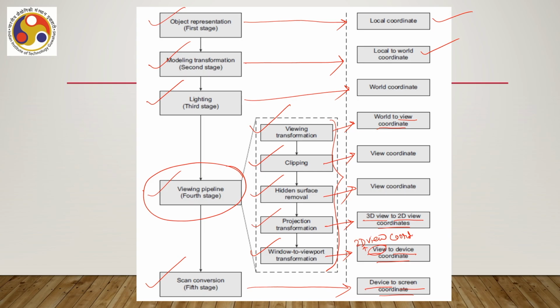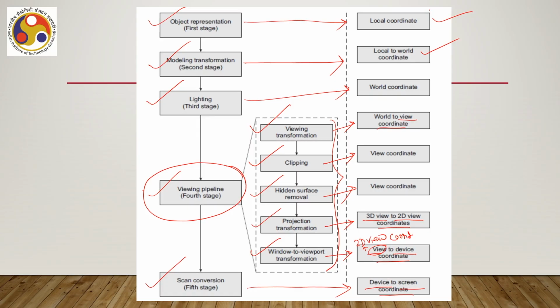So, if you notice, in order to perform these 5 stages, we deal with several coordinate systems. Essentially one is local coordinate system, then world coordinate system, then 3D view coordinate system. These are all 3D coordinate systems.